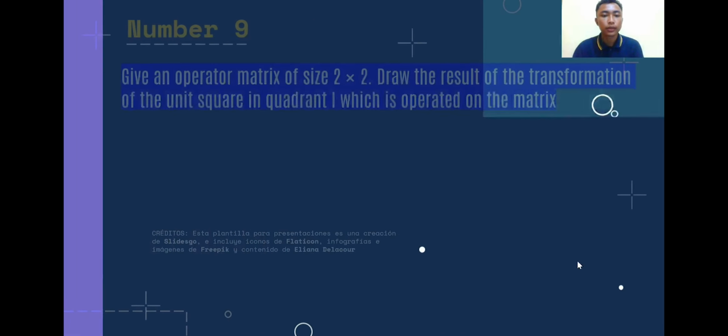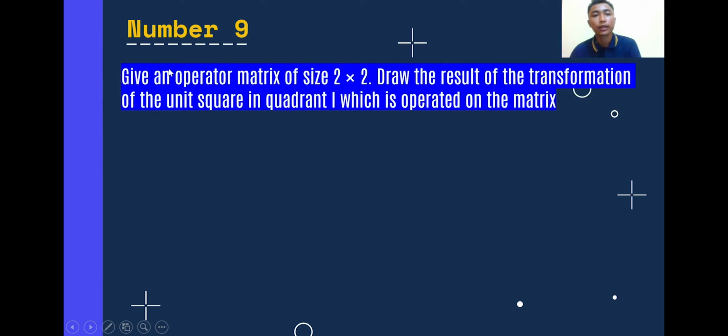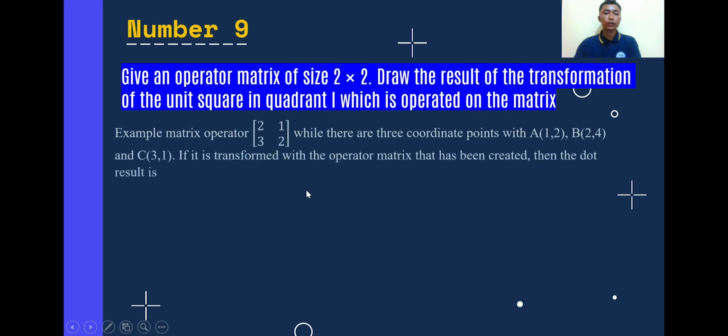Next, number 9. Give an operation matrix of size 2x2. Draw the result of the transformation of the unit square in quadrant 1 which is operated on by the matrix. So my answer is this example.